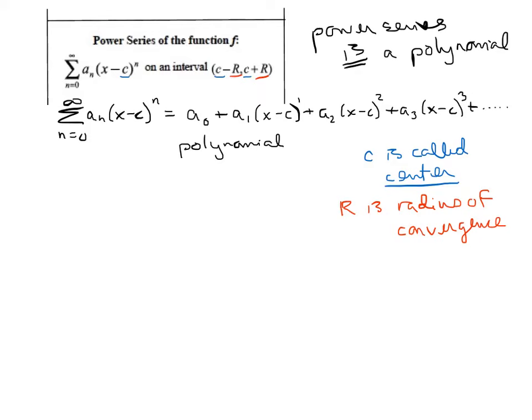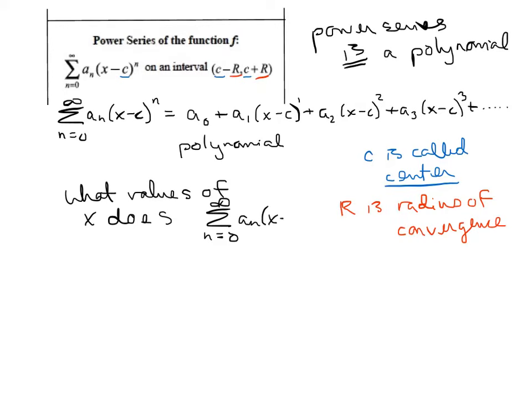We wouldn't want to do that. So we want to know what values of x the sum converges for. I'm going to write that down. So what values of x does this power series, a sub n times x minus c to the n, converge?